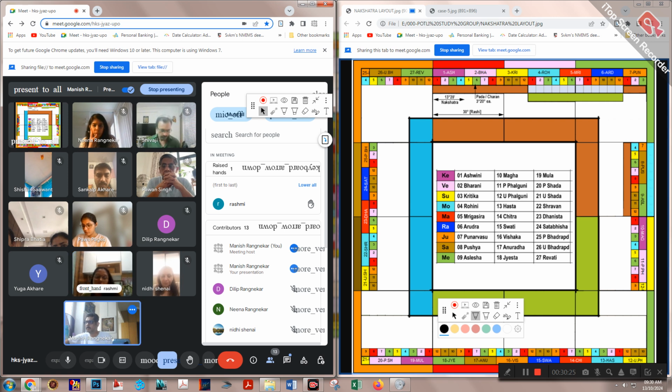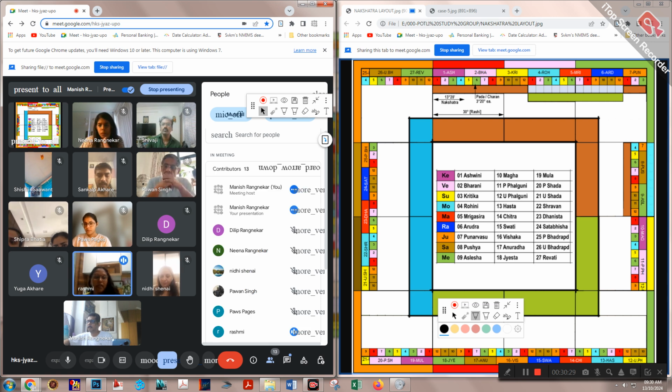Rashmi, what happened? Maybe my question is a repeat, but you have made only three colors. Like we were discussing dual, movable and fixed, and on that basis you have made these three colors for fire, earth and all the 5 elements. Just now I told Sankalp the same thing. These colors have nothing to do with that. I wanted you to visualize all the three divisions. My mistake. I think I said it's my mistake.